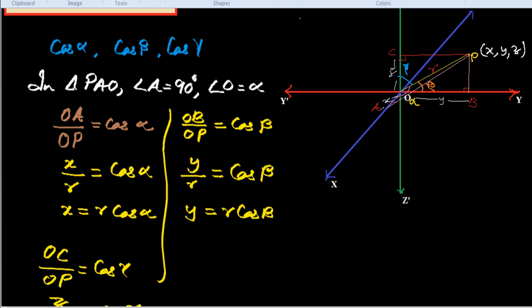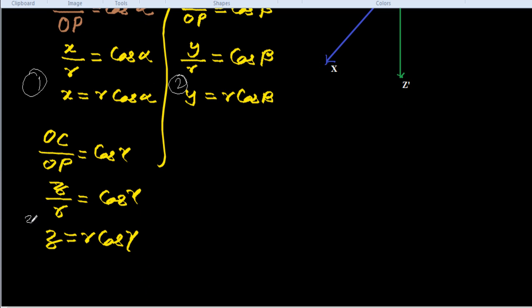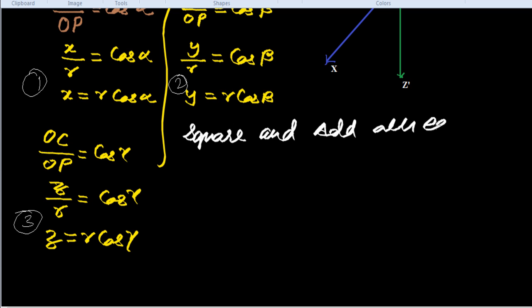I give some names to these equations: this one is the first equation, this one is the second equation, and this one is the third equation. So what we do here, first we square and add all the equations.